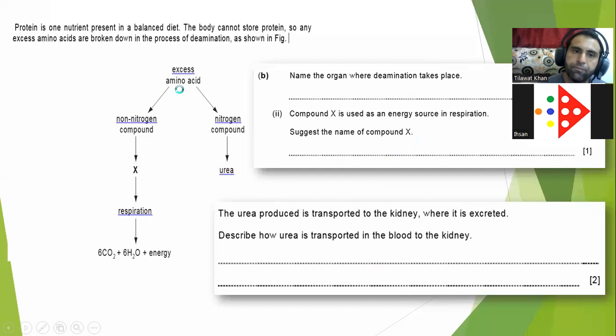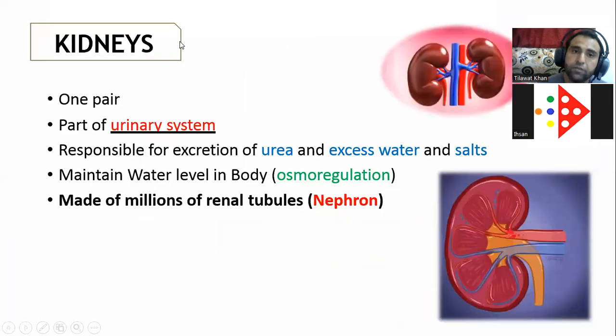All right. Now we are going to discuss the kidney structure. You have one pair of kidneys, two kidneys, left and right. It's part of the urinary system, the system that forms urine, and it's responsible for the excretion of urea and excess water and salt.